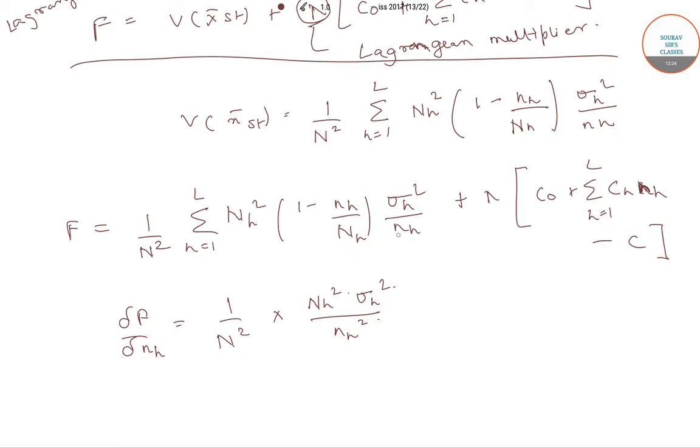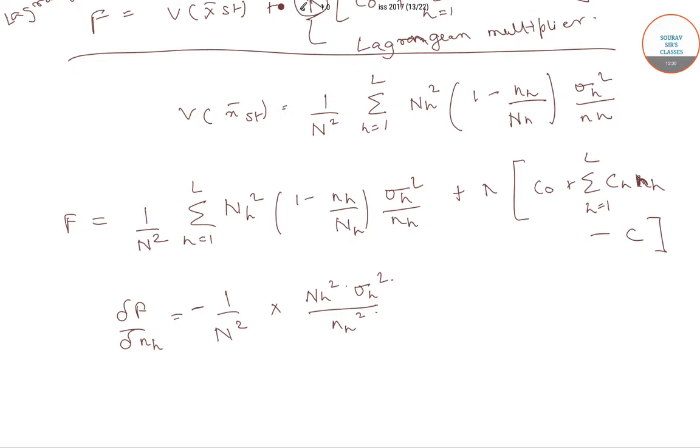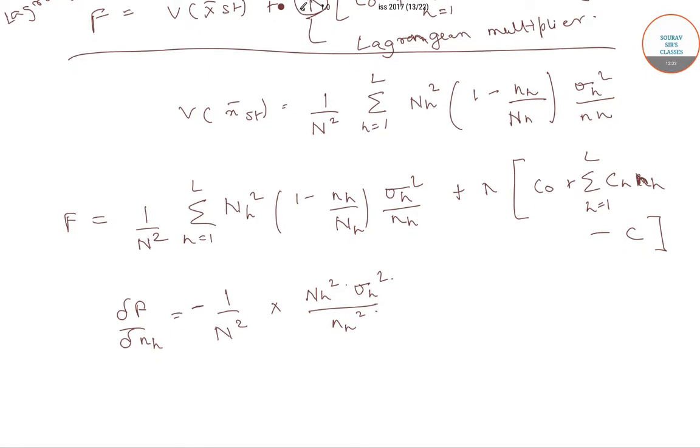Now since it is nh raised to the power of minus 1, while differentiating it, minus 1 will come out. So minus 1 by capital N square into capital Nh square into sigma h square divided by small nh square, plus this term, lambda into ch.